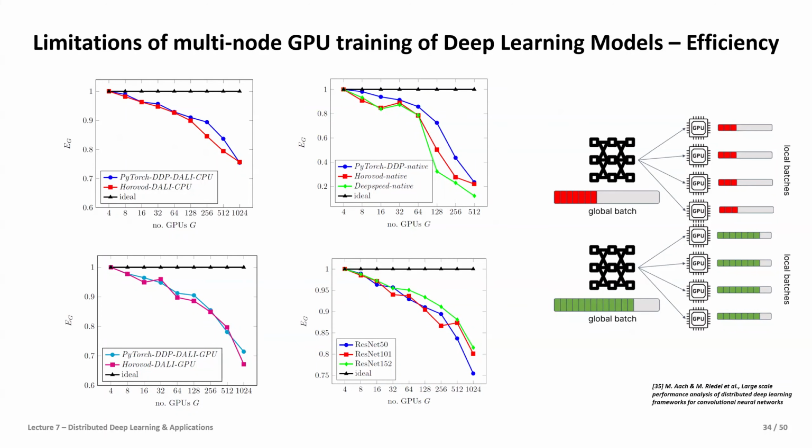And depending on the different frameworks, you are a little bit better or worse. But here, again, DALI also gives the opportunity to be relatively close to each other, which we quite nicely see here, but it's still far from ideal, right? So we still lose efficiency the more GPUs we put.